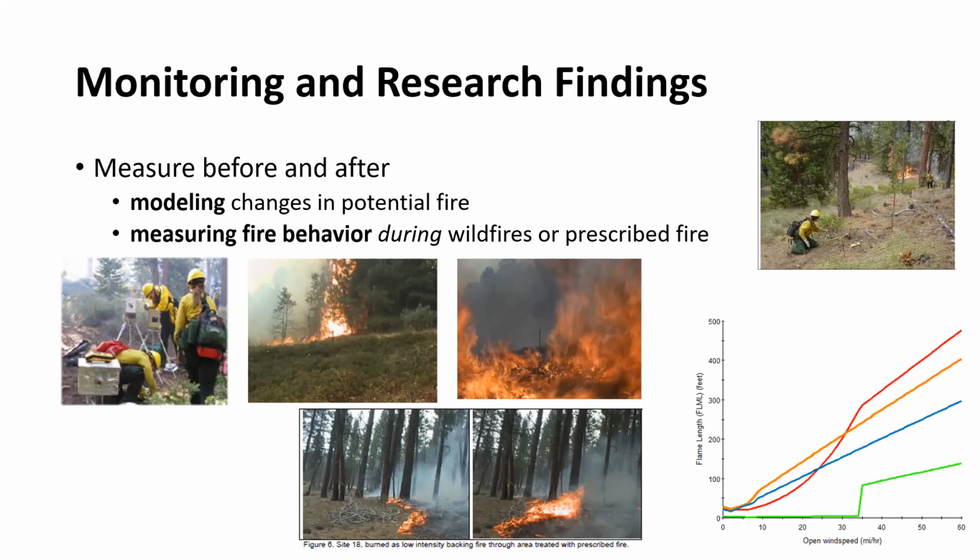So we know that it can change fire behavior from measurements during wildfires. One way we've identified that, and this is my specialized team, I'm actually in that photo. We were one of a kind, and we went ahead of the wildfire, trained hard so we could get in and out ahead of a fire in 30 minutes or less.